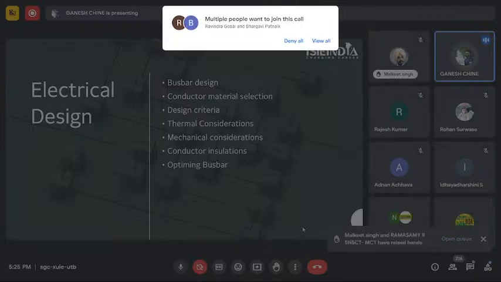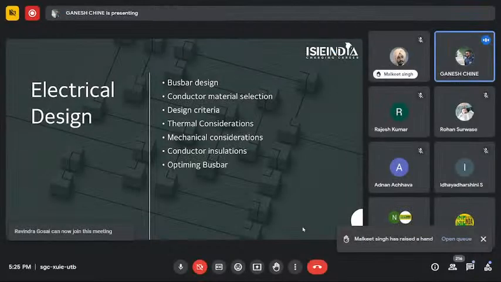Another major concern while designing the bus bar is the joining method. The joining method means we use either a mechanical joint or a welding joint.